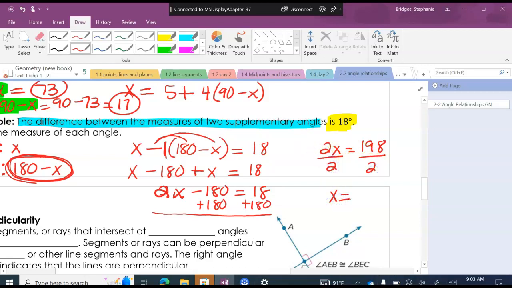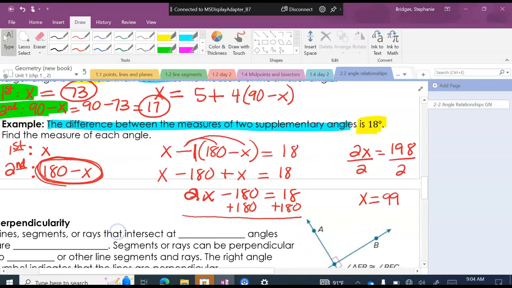And x is going to equal, let's see, that goes in 99. So if x is 99, then to find the other one, I just do 180 minus 99, which gives me how much? 81. So my two angles are 99 and 81.